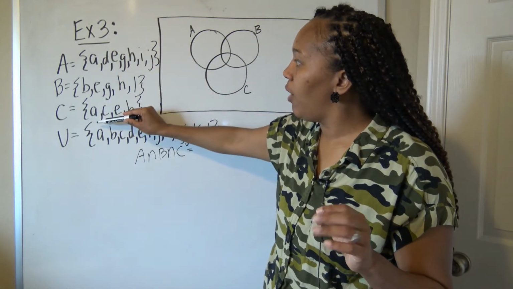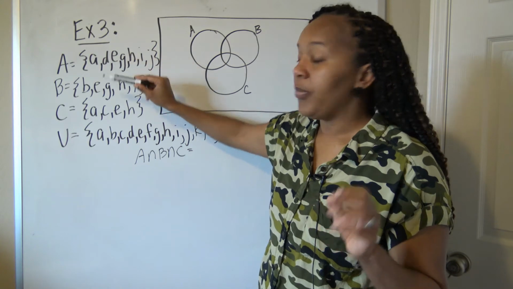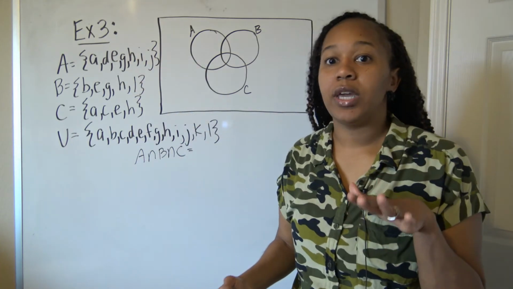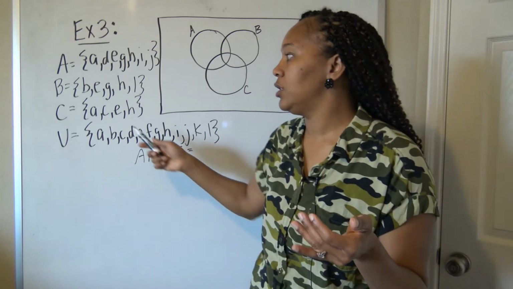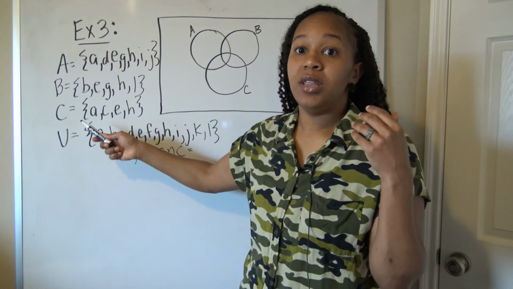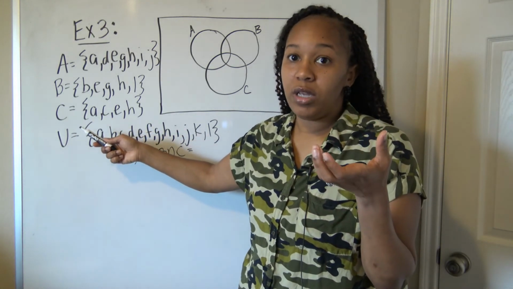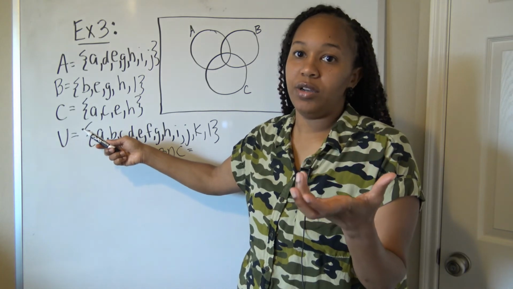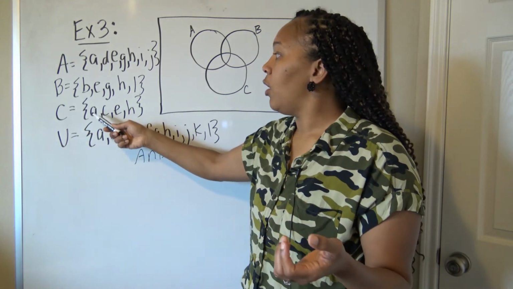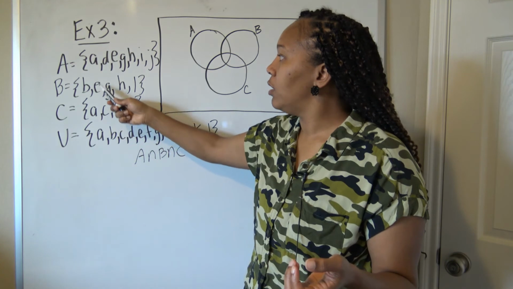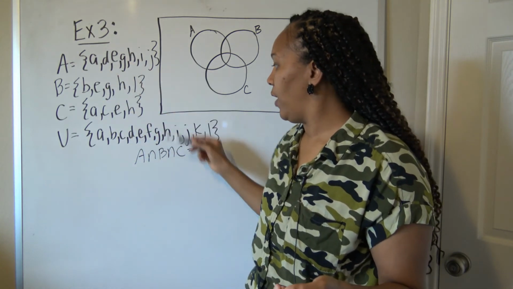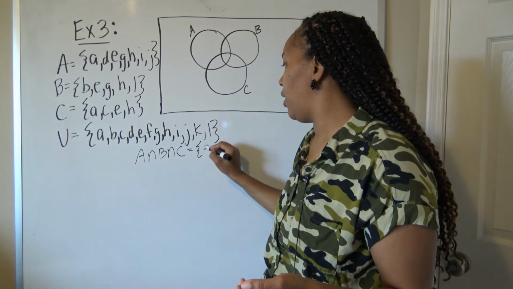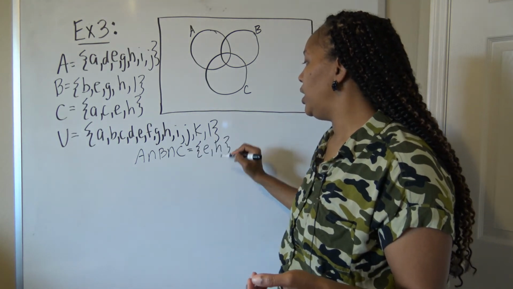So they don't all have A. And the best way to do this is to look at the set with the smallest number of elements, that has the smallest cardinality, because the smallest set is the smallest that your intersection can be. So they all don't have A, they all don't have C, they do all have E, and they do all have H. So that means the intersection of all 3 of them will be E and H.